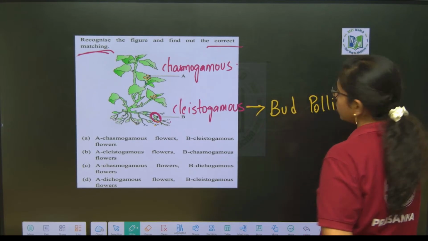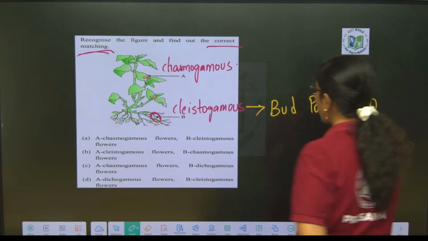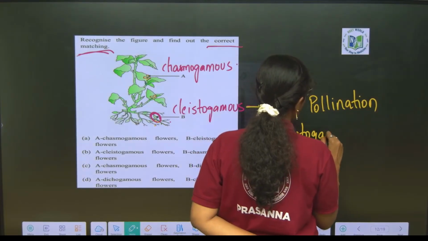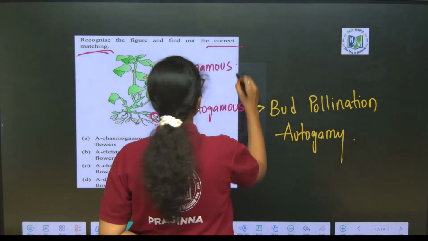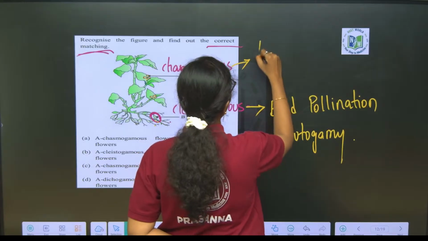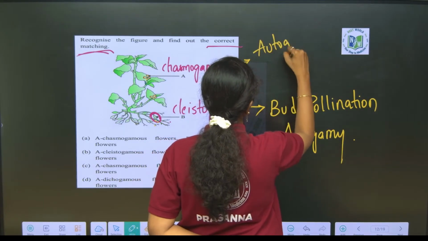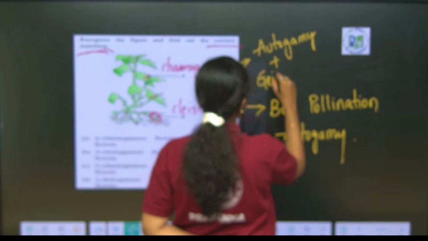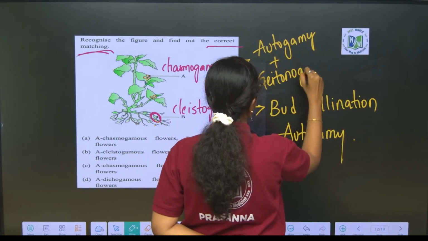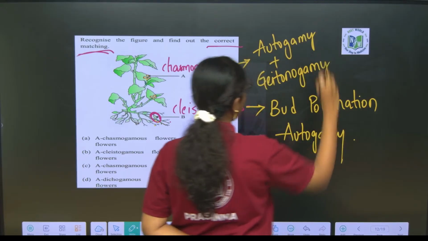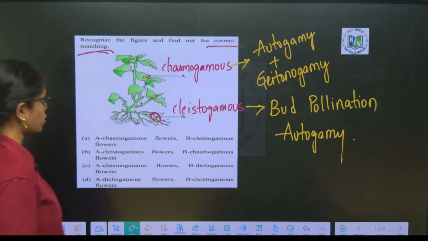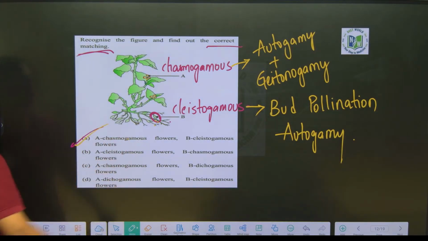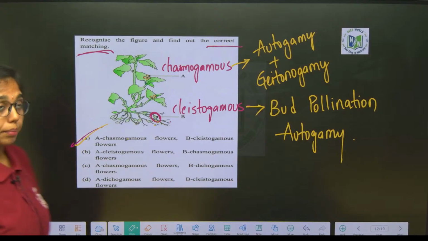There is no possibility of cross pollination over here, and in cleistogamous flowers only autogamy is possible. Whereas in chasmogamous flowers both autogamy and geitonogamy are possible. So A is chasmogamous flowers and B is what? Cleistogamous flowers, which is option B, right?